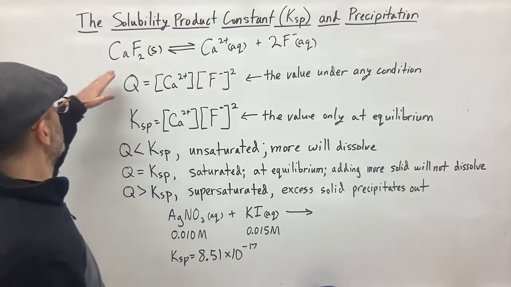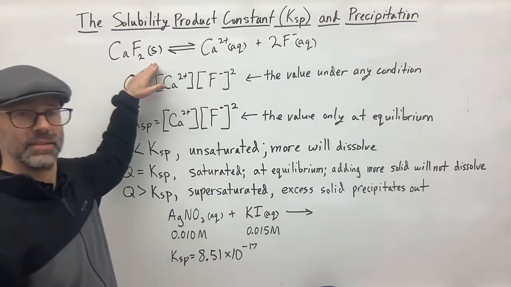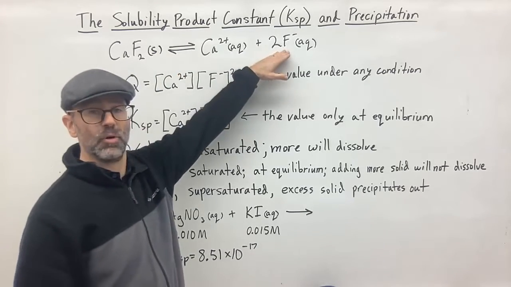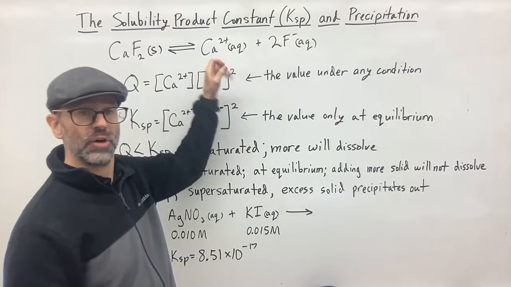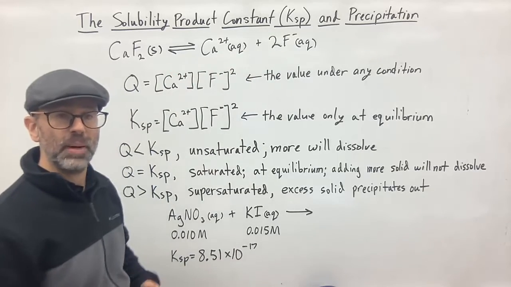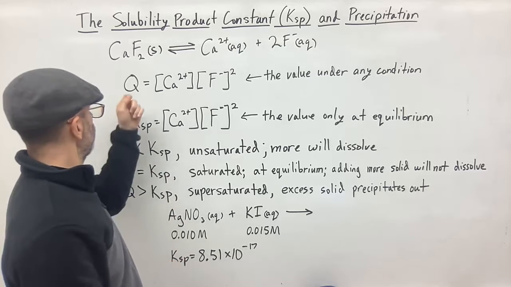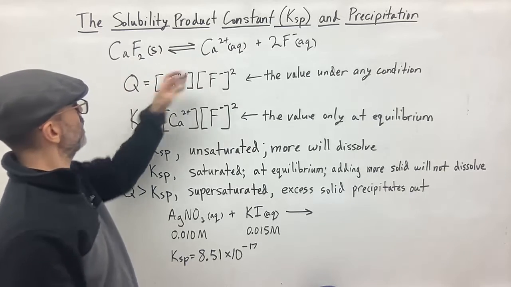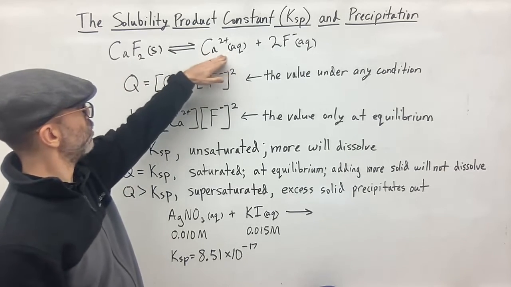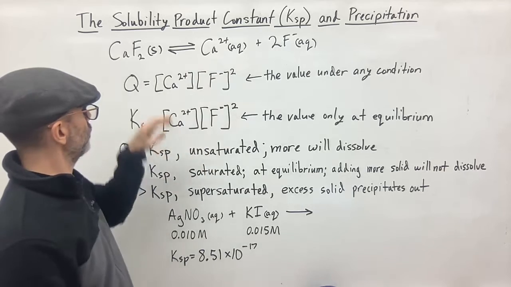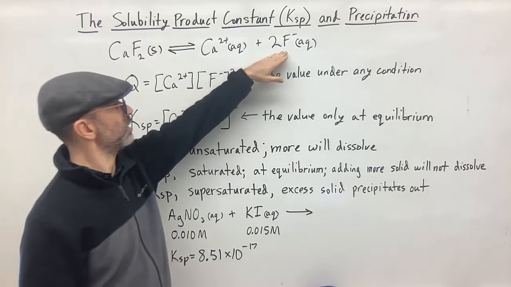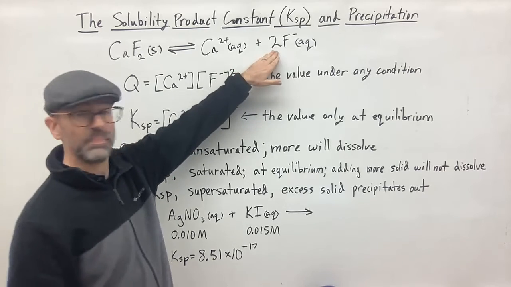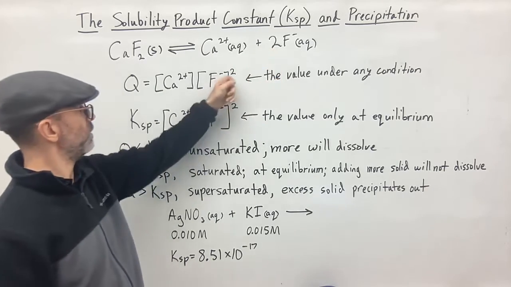So here I have calcium fluoride solid that is going to dissolve into calcium and fluoride ions like so, and we have equilibrium. If you remember, the reaction quotient for this reaction is the concentration of your cation, calcium, multiplied by the concentration of your fluoride ion raised to the power of its coefficient, so the power 2 here.